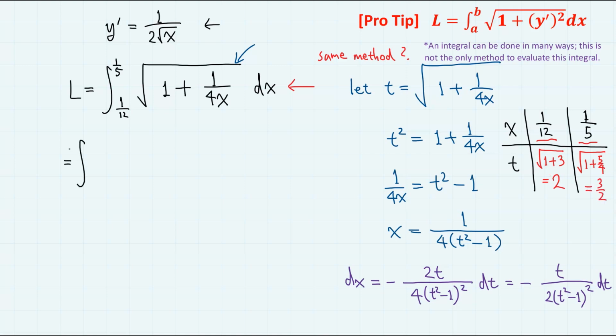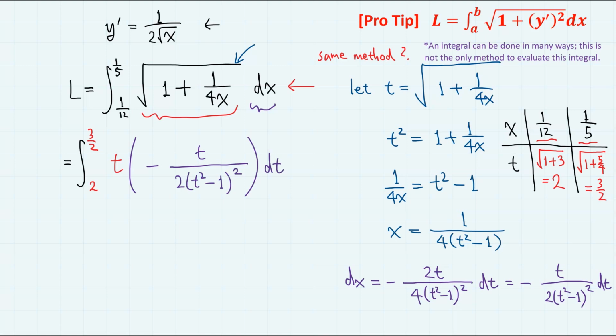So we have integral from 2 to 3 over 2, this t, and this minus t divided by 2t squared minus 1 squared dt. Here, if we write 3 over 2 here and 2 here, then we can eliminate this minus sign. Then we have the integrand t times t divided by 2t squared minus 1 squared.